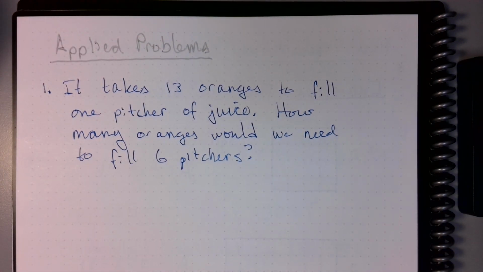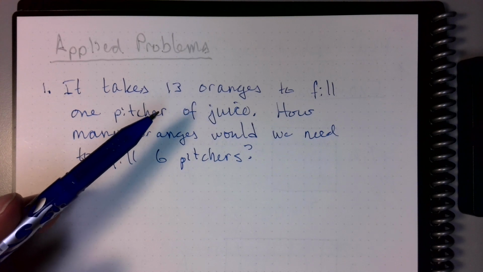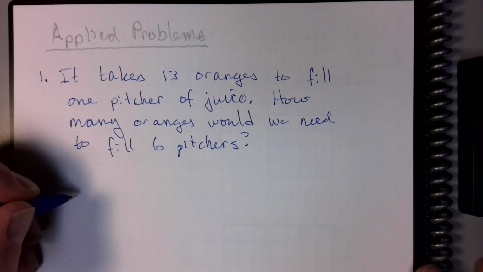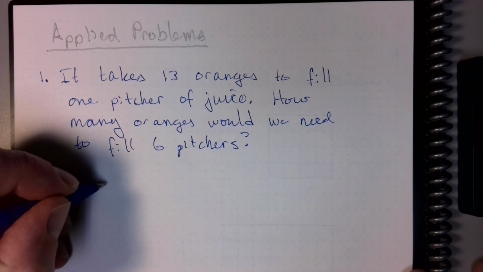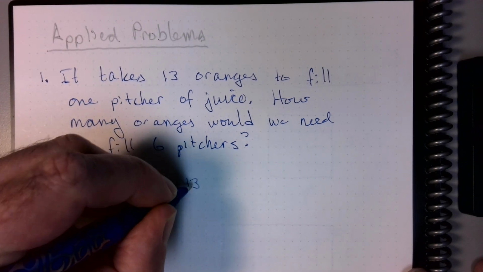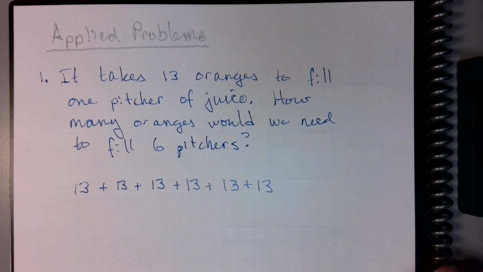Okay, how many oranges would we need to fill 6 pitchers? Okay, well, each of the pitchers requires 13 oranges, so I could do the problem this way. I could do 13 for the first one, and 13 for the second one, and 13 for the third one, and 13 for the fourth one, and 13 for the fifth one, and finally 13 for the sixth one.